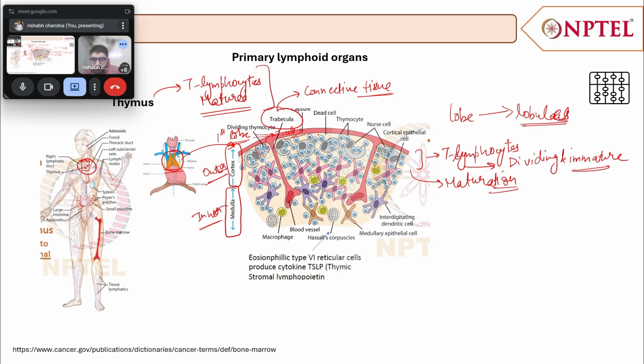and these gray colored cells in this cortex are called the nurse cells. These nurse cells help these thymocytes to grow, and these cells nurture these thymocytes to help them mature.